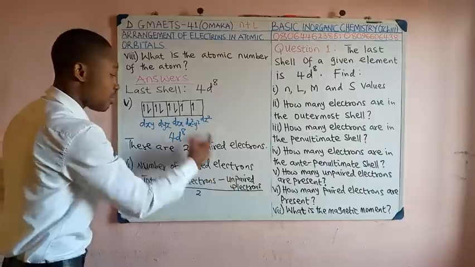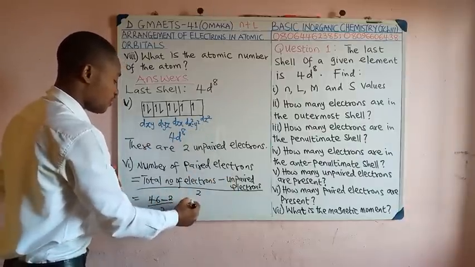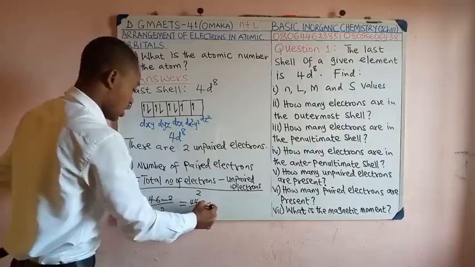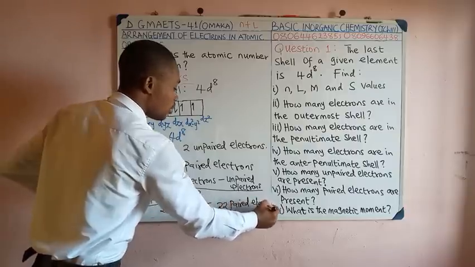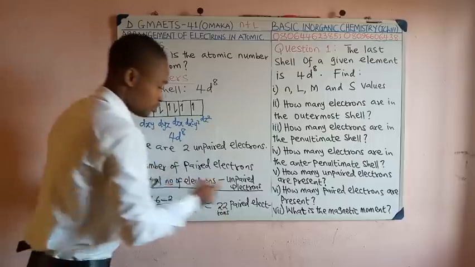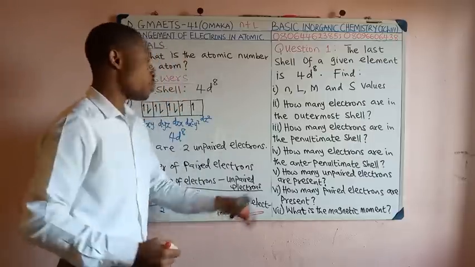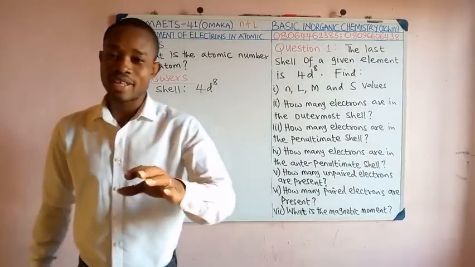Then minus how many unpaired electrons? 2, and then we'll divide this by 2. So this will give us 44 divided by 2, which is equal to 22 paired electrons. This is the number of electrons that were paired in this atom. Alright? 22 paired electrons.